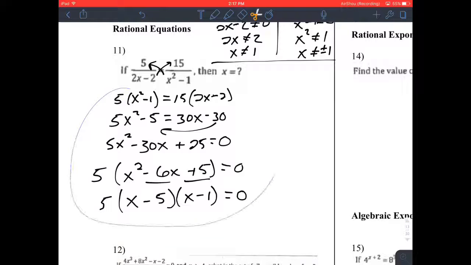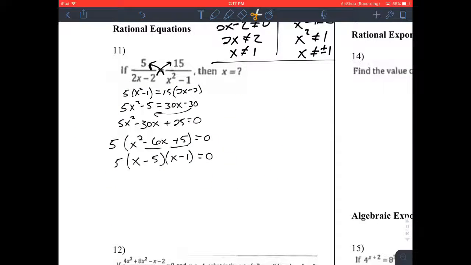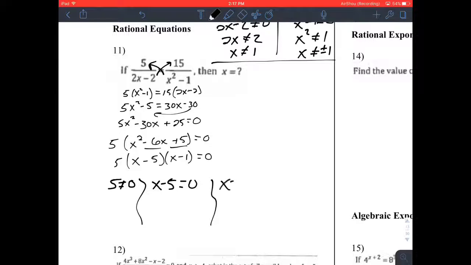Set each factor equal to 0. 5 equals 0 doesn't make any sense, so we're going to say 5 doesn't equal 0. And then we got x minus 5 equals 0. And we got x minus 1 equals 0. So we end up with solutions of 1 and 5.